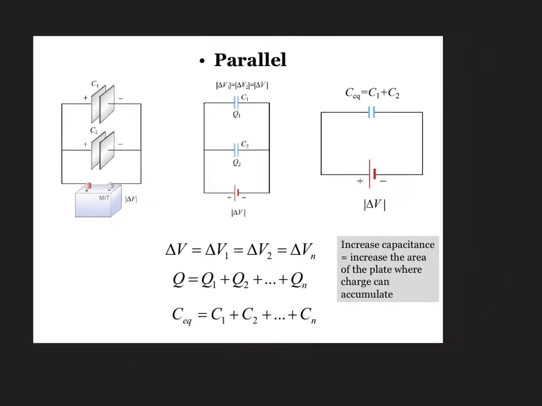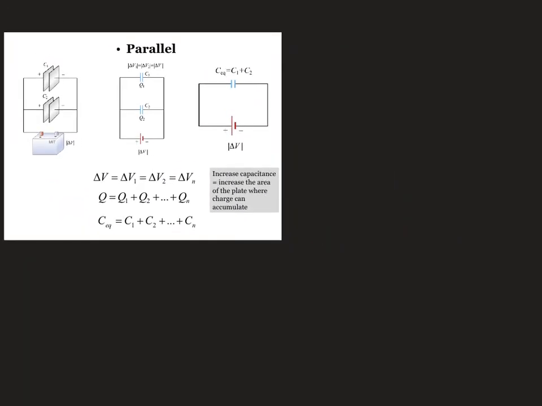For parallel, the things that you need to understand are arranged like this. For example, you have 3 capacitors, and all 3 are connected to the same battery. I put them as C1, C2 and C3, and this is the battery, denoted by the EMF.